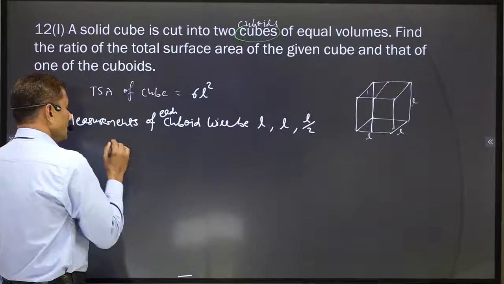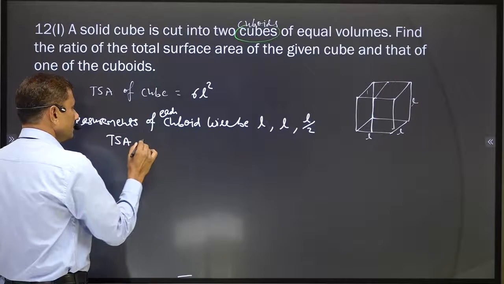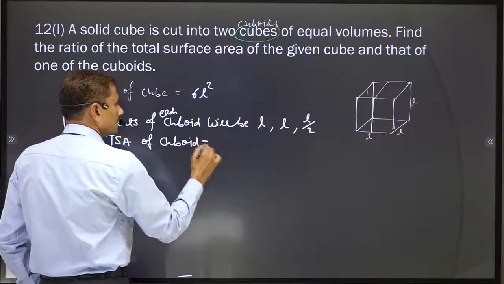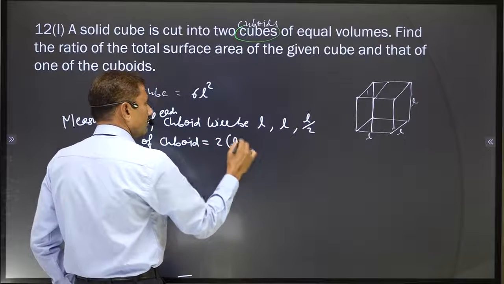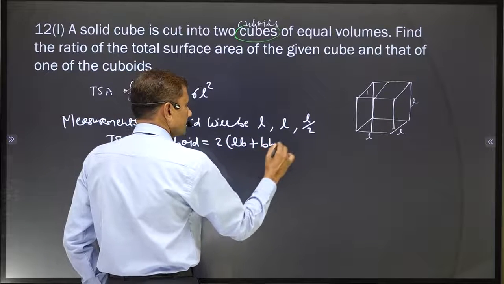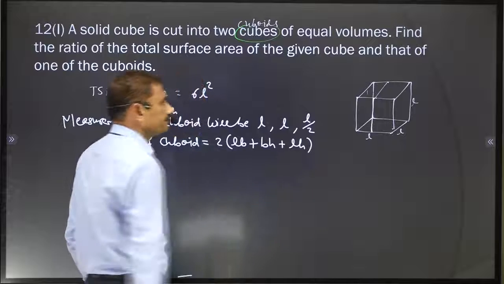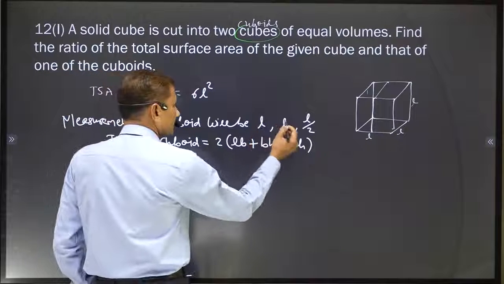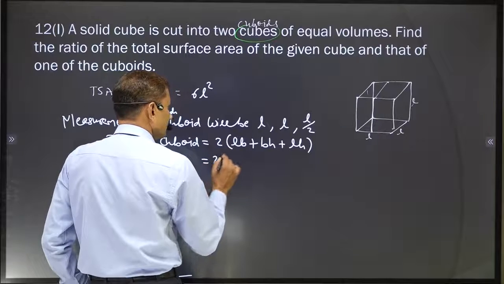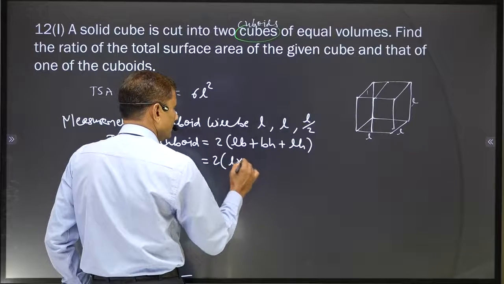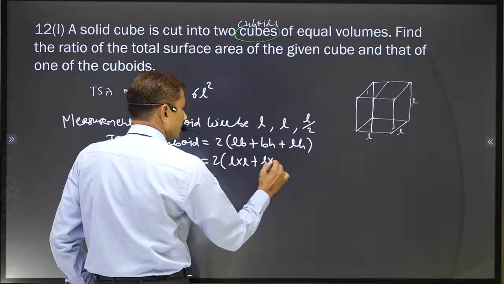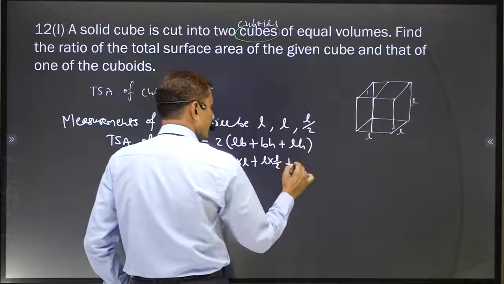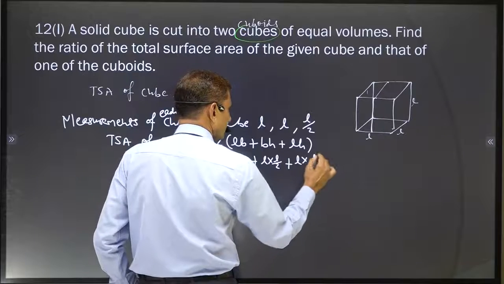Now let's find the TSA of the cuboid also. It will be 2 times LB plus BH plus LH, that you know. Now this is L, this is B, this is H. So multiply first L into L, plus L into L by 2, plus again L into L by 2.